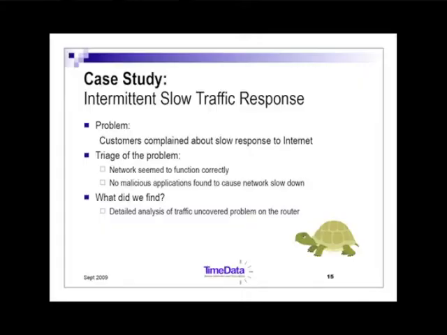Slow intermittent response time. Another problem we see, this is a DSL customer using PPPoE. The customer complained about slow response time during certain periods of the day. Looked at the network, it appeared to be functioning correctly. No malicious activity was on the network. Detailed analysis uncovered a problem on the router.